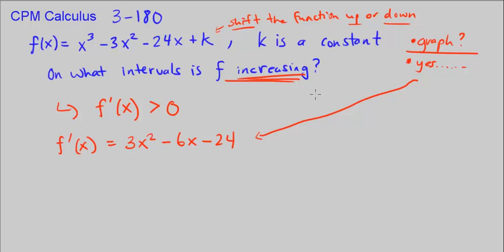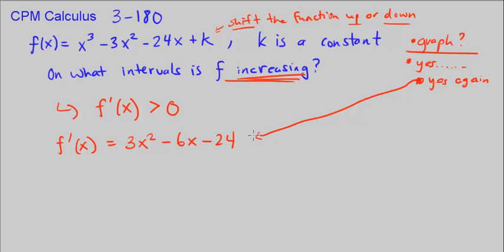That's kind of easy. We just see where it is going from down to up. Also, we can graph f prime of x and see where it is above the x-axis. Yes, again. But let's do it algebraically because those are going to be really fast, easy ways to look at a graph and just say it's going to be above the axis in this region.